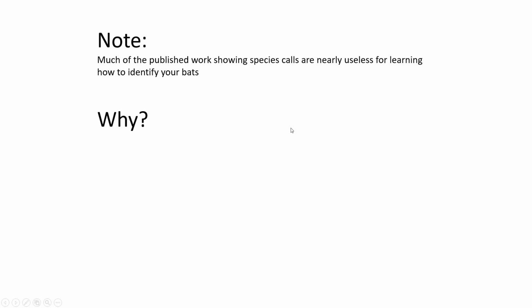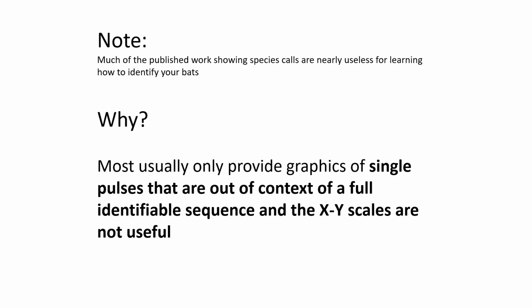Okay, to learn your calls, a lot of people are going to the literature and trying to find information on how to identify my calls. Well, a lot of the published work showing species calls aren't completely, but most of them are nearly useless for identifying your bats. Why?